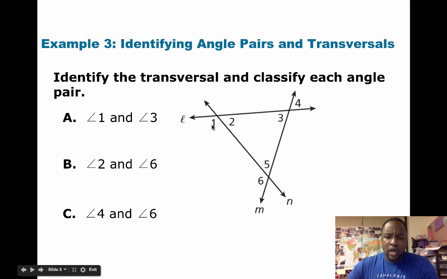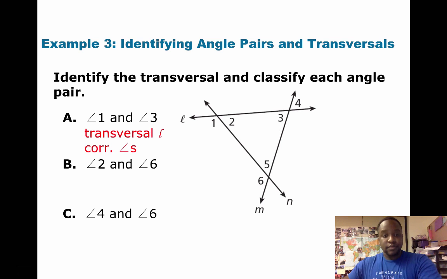We have angle 1 and angle 3. Which line crosses the other 2 that involve angle 1 and angle 3? In this case, it is line L. And in line L, angle 1 and angle 3 are corresponding angles. So the transversal is line L, and these are corresponding angles.